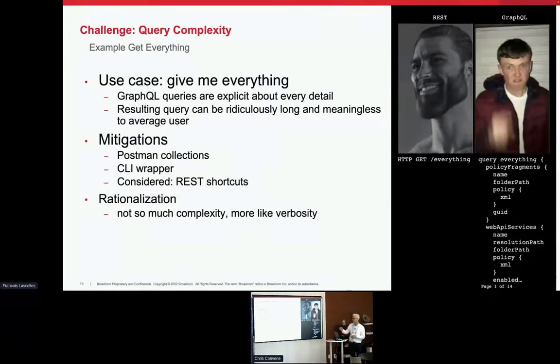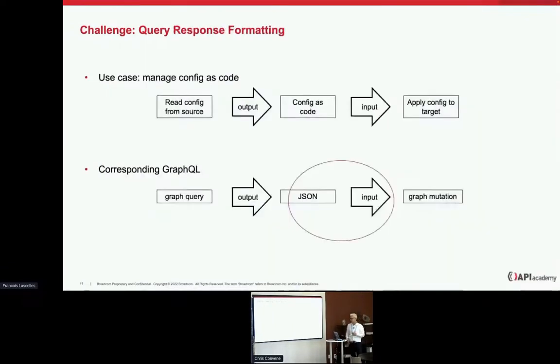I'll get more into that later. We also rationalized this over time. I now don't see it so much as complexity that we're imposing on a DX, but rather as verbosity. It is true that it is verbose, it is specific, but there are definite advantages that we're running into, which I'll get into later.